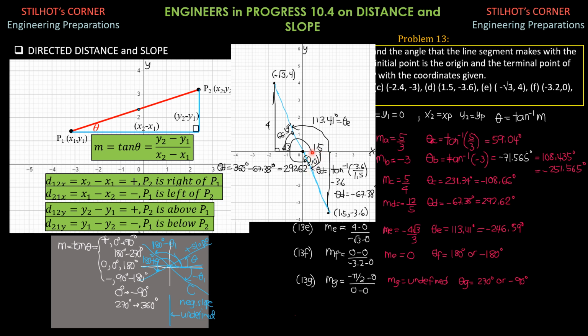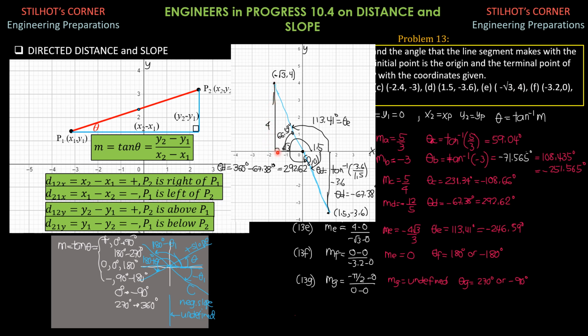Then if expressed in positive way, counterclockwise direction, it is 360 degrees minus 67.38 degrees. So that's why you get 292.62 degrees.